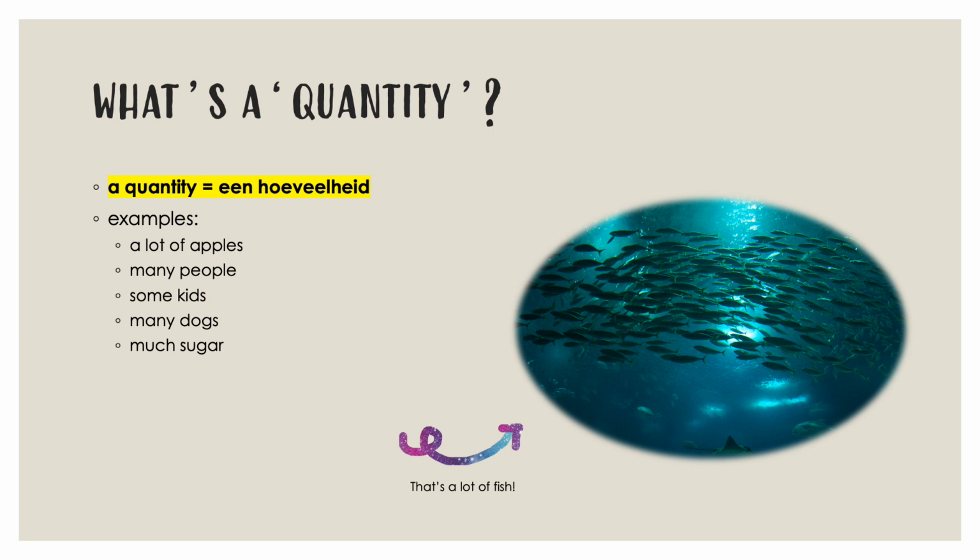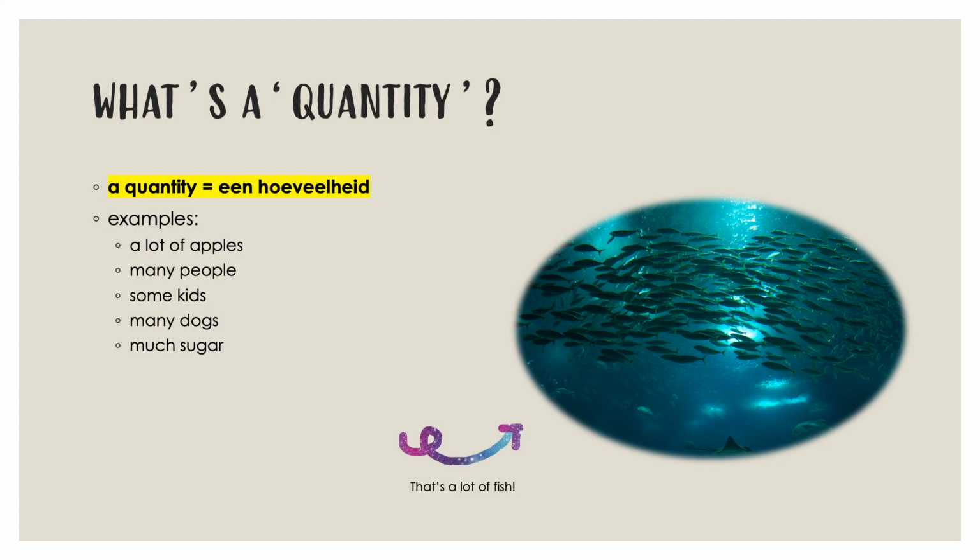For example, let's imagine you're standing next to an apple field and you can say, well, that's a lot of apples. Or you're at a concert and you think to yourself, wow, there are many people here. If we look at the picture, we could say, that's a lot of fish.